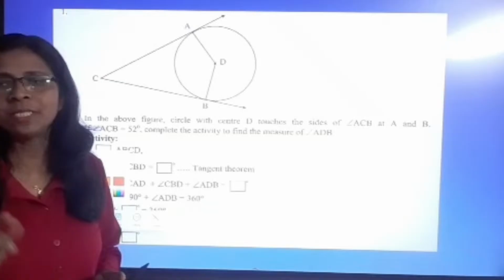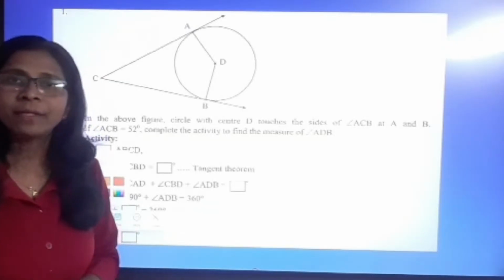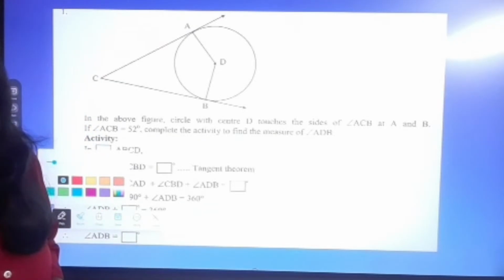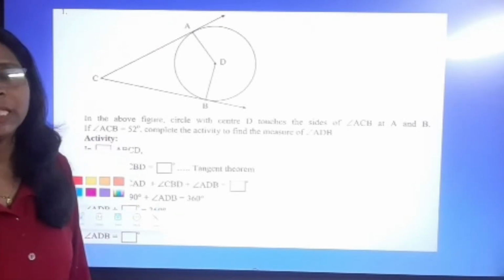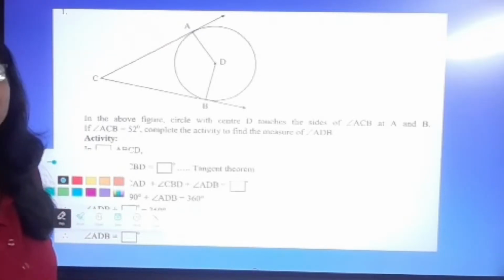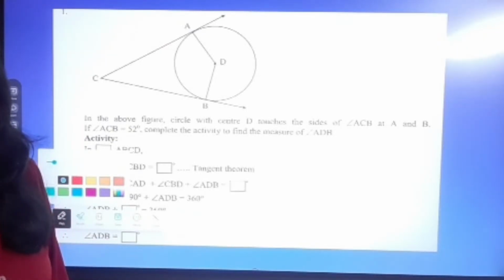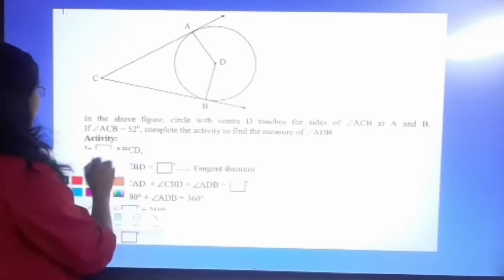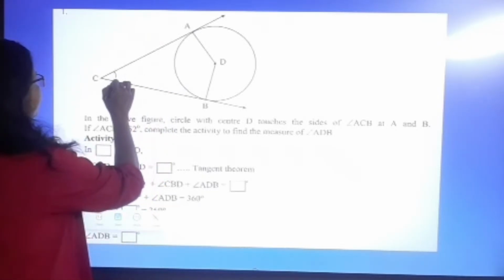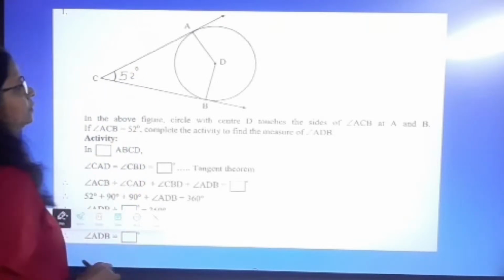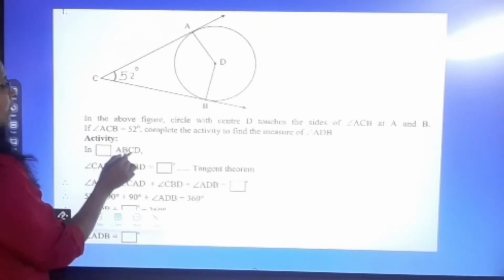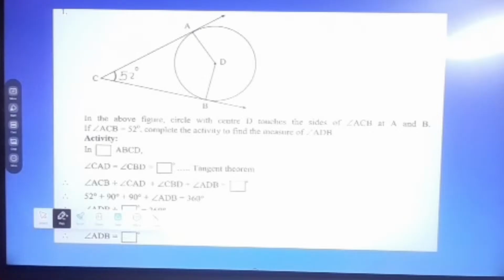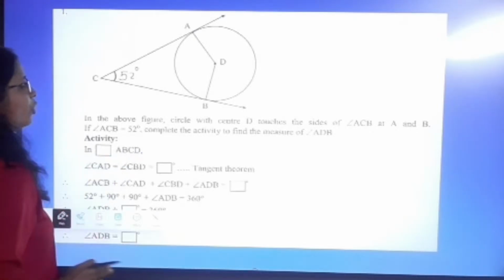So now here students, in this figure, angle ACB is equal to 52 degrees. So I mention here that angle ACB is equal to 52 degrees. Okay, so now here in the activity, in quadrilateral ABCD, this is not a box, this is the quadrilateral side.